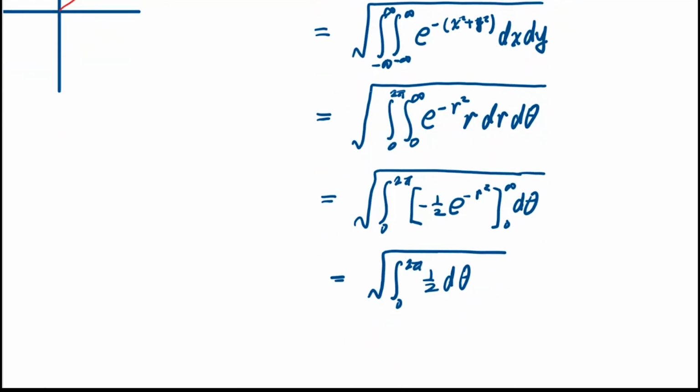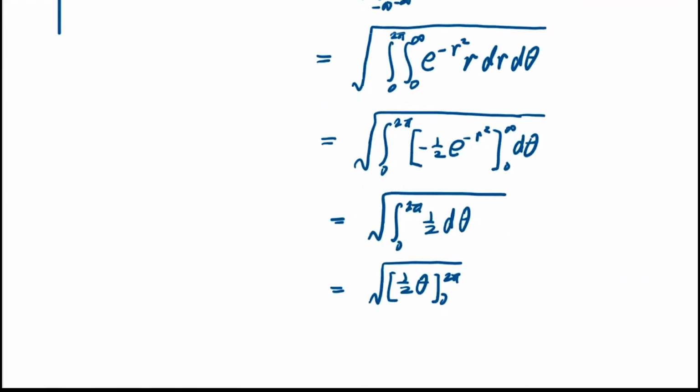Huh, that's nice. So we'll have the square root of 1/2 theta, with theta varying from 0 to 2 pi. We are done. Square root pi, as I promised you. Amazing, isn't it?